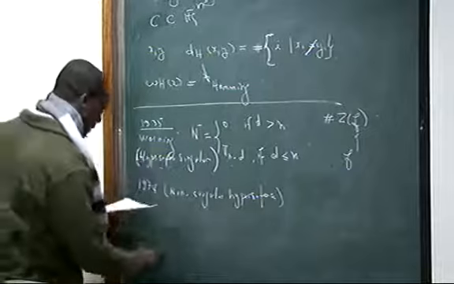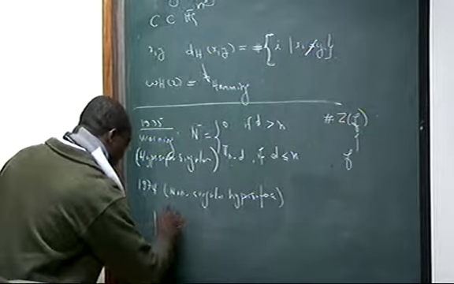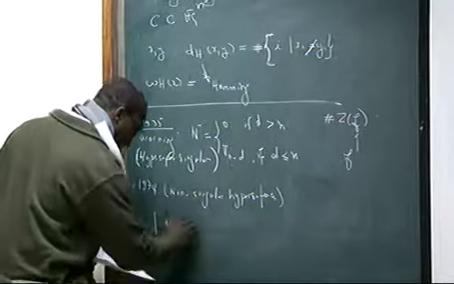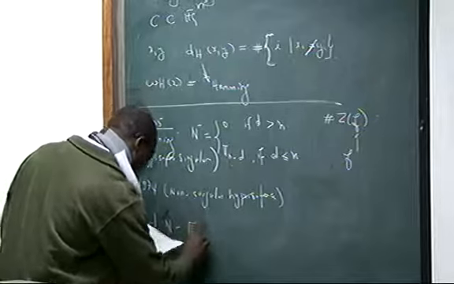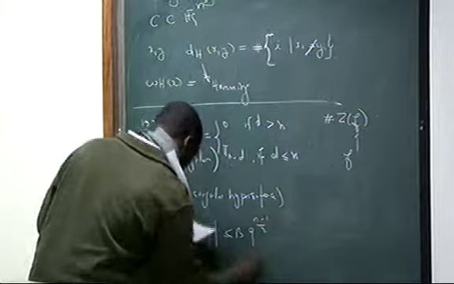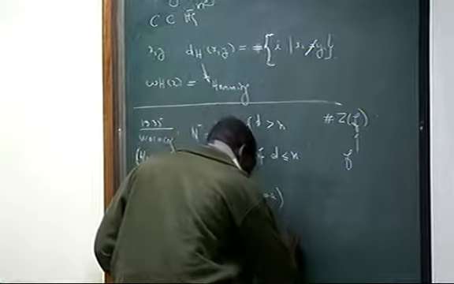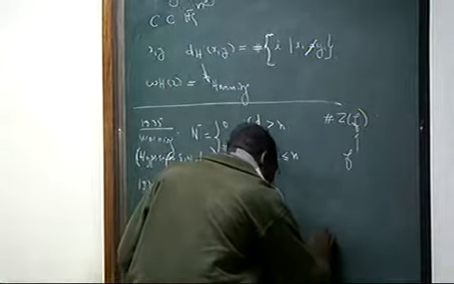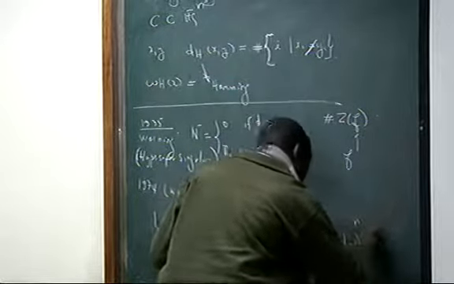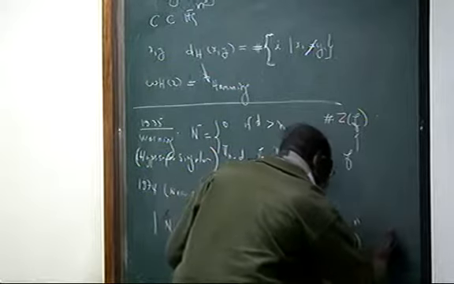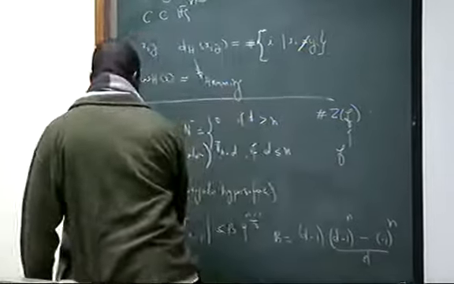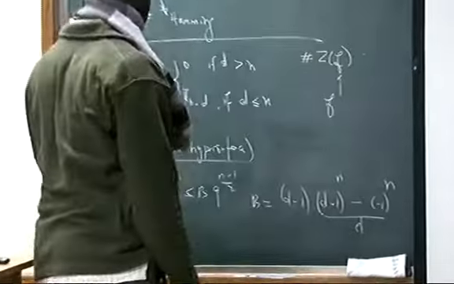The result of Deligne is that the number of points of a hypersurface of degree d is less than b q^{n-1} over q, where b is equal to (d-1)^n, the Betti number. The proof is complicated and uses some cohomological results. This is for a non-singular hypersurface.